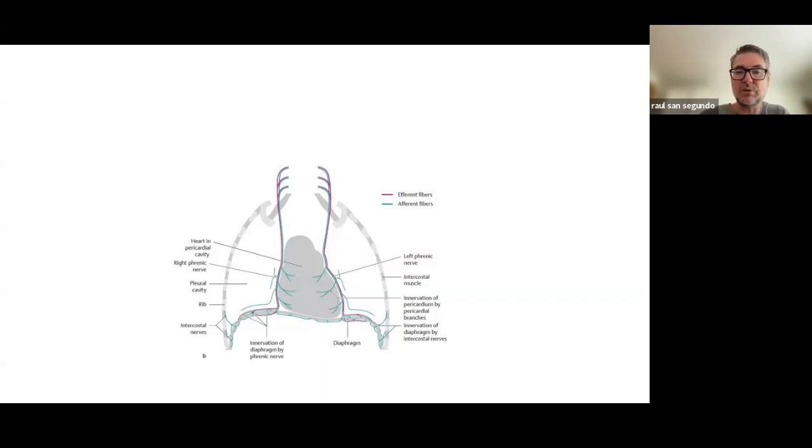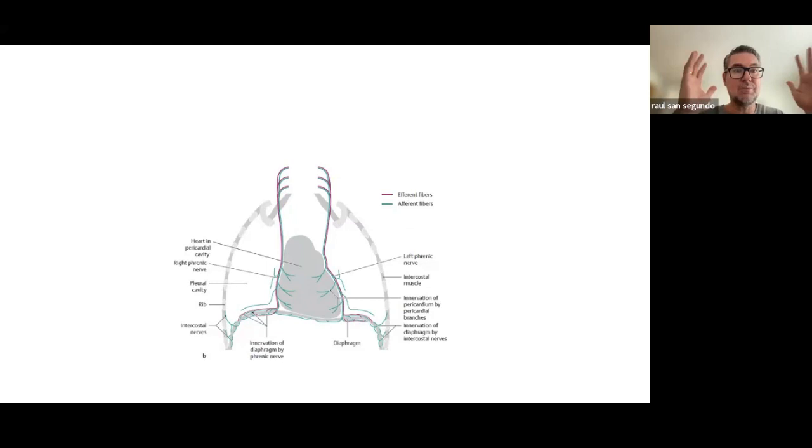So it is very important for us to know that here the pericardium is going to send some afferent information through these afferent fibers. Some articles tell us that the phrenic nerve has half afferent and half efferent fibers.